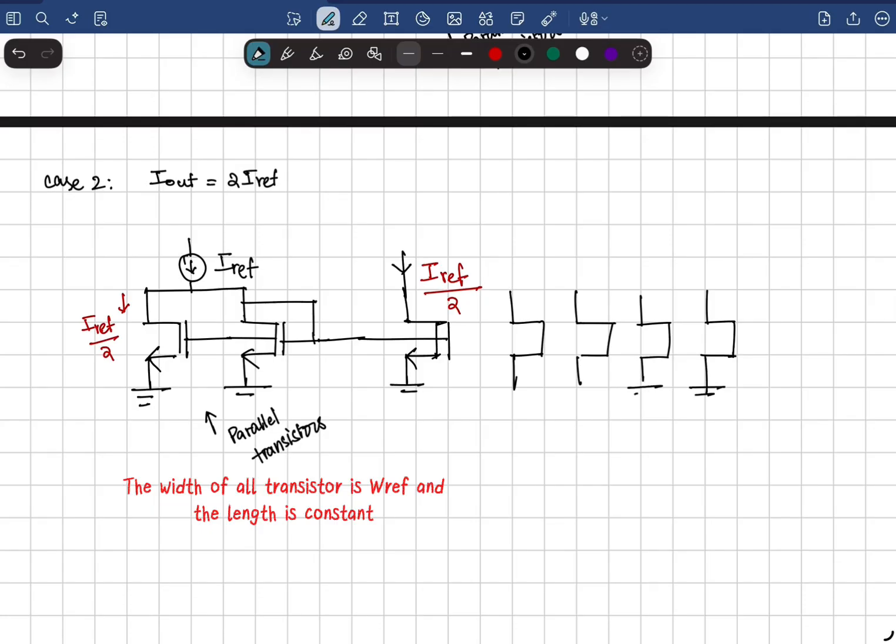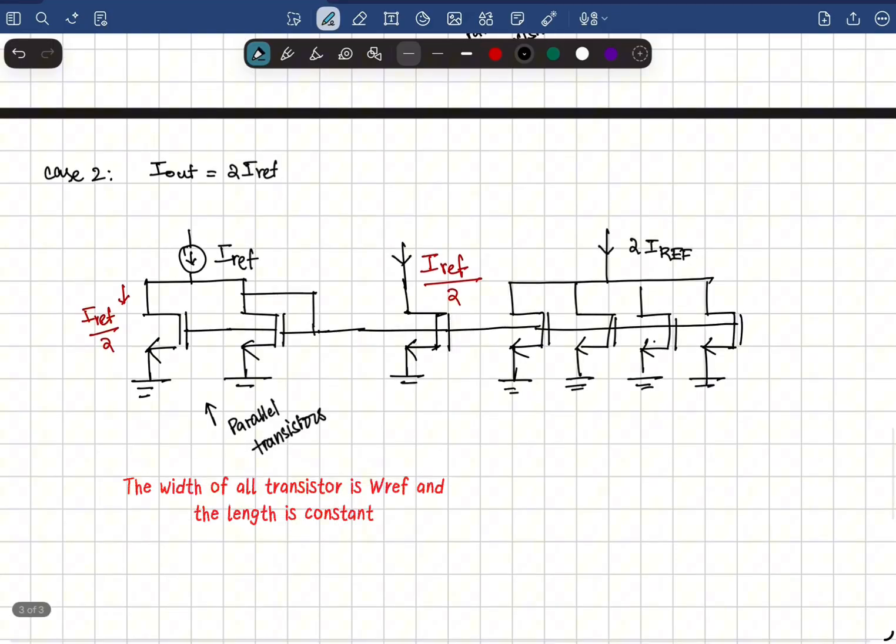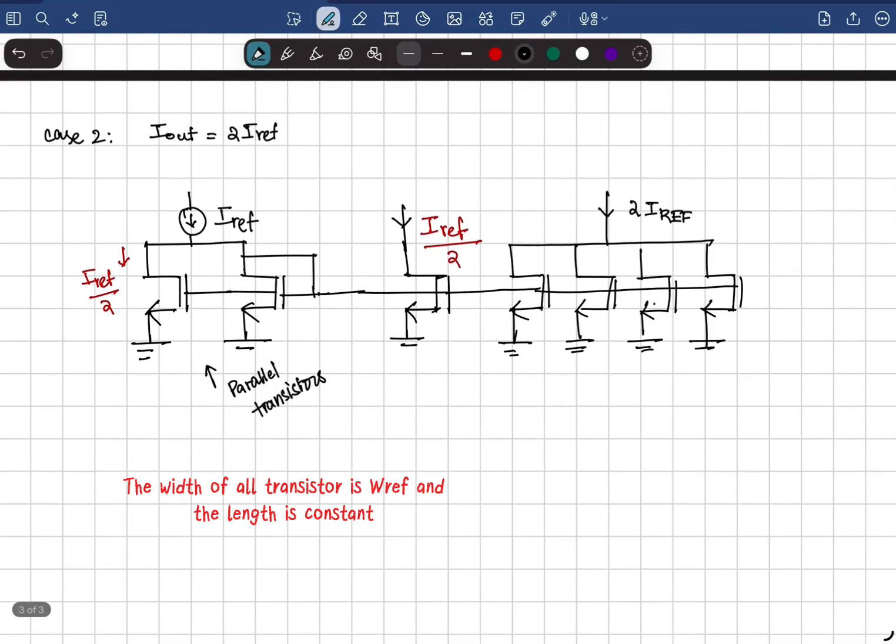All the source terminals are grounded, all the drains are connected. This will have an effective current of 2 IREF. Now we generate an output current that is twice the reference current.